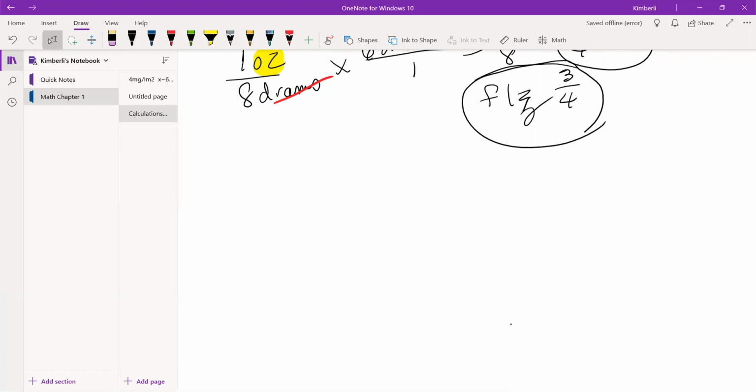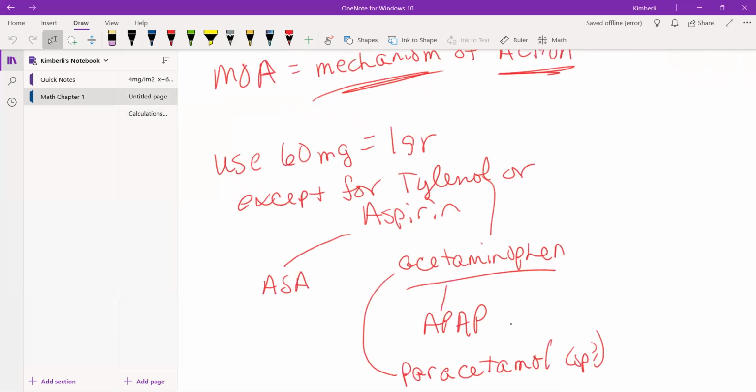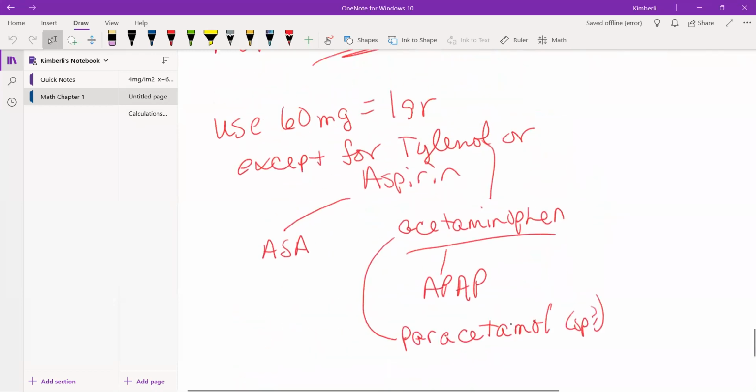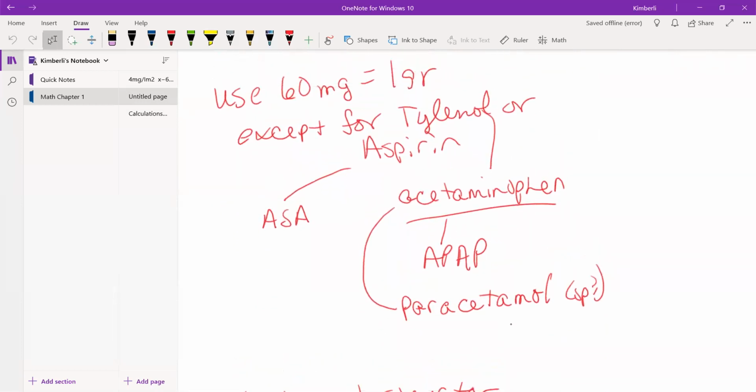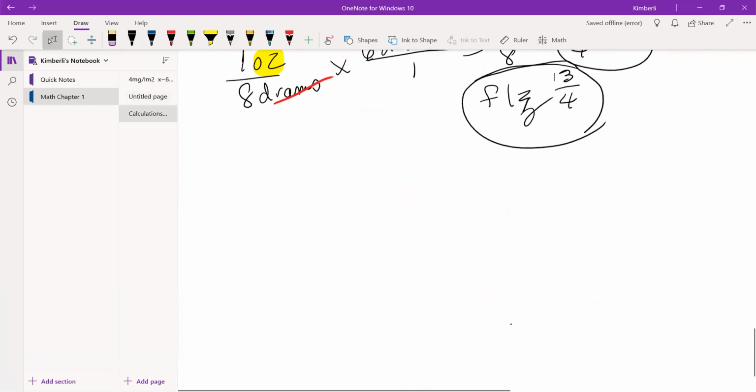We might only use them for liquid measurement. So one thing that we want to remember is what we talked about last week. 60 milligrams equals 1 grain, except for Tylenol or aspirin. Tylenol and aspirin, you're going to use 65 milligrams for 1 grain. Okay, so going back to today's calculations.